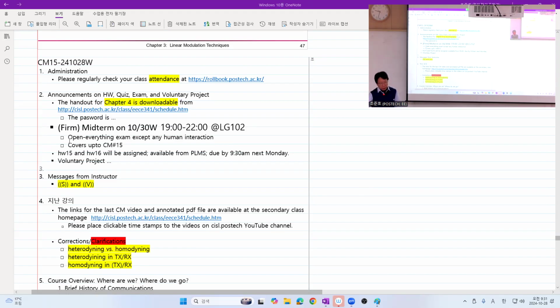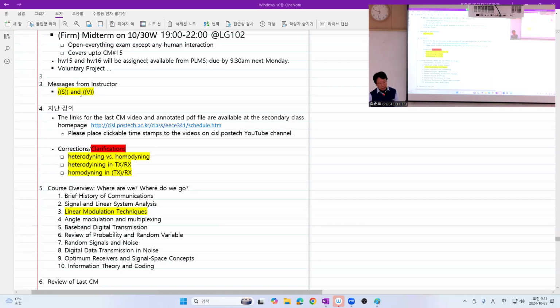Homework for class meeting 15 and 16 will be assigned as ordinarily. And here goes my message again: simplification and visualization. Many of you are already acquainted with this notion, and you keep seeing even our textbook doing this when the authors explain some important concepts.